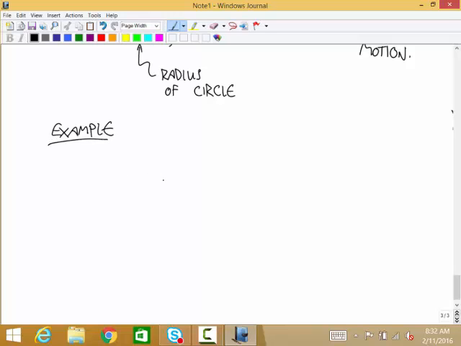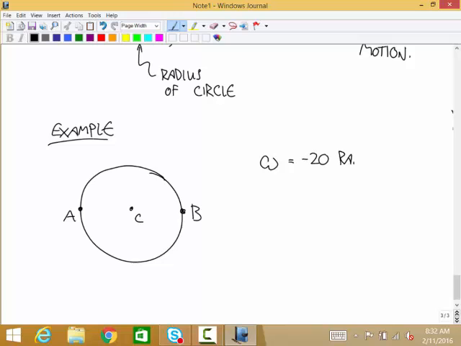So let's say this is the center. Let's call this point A and this point B. And let's say omega is equal to negative 20 radians per second.